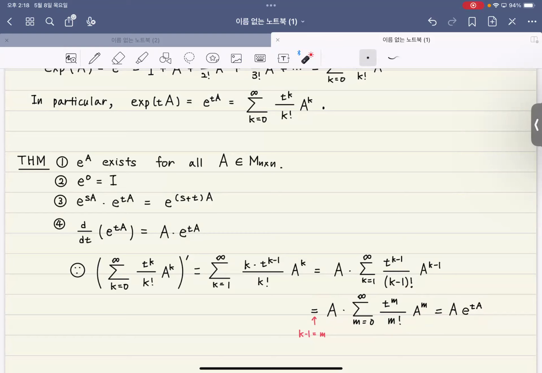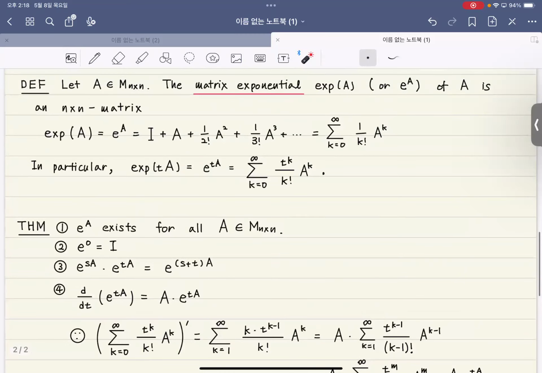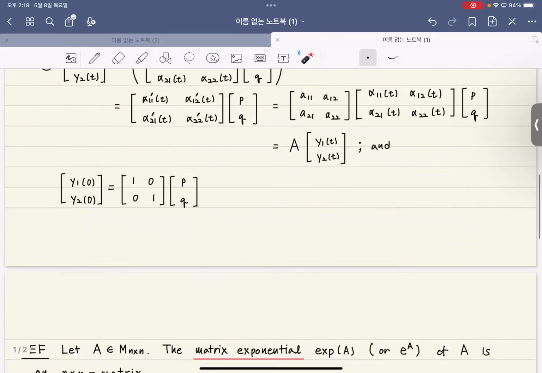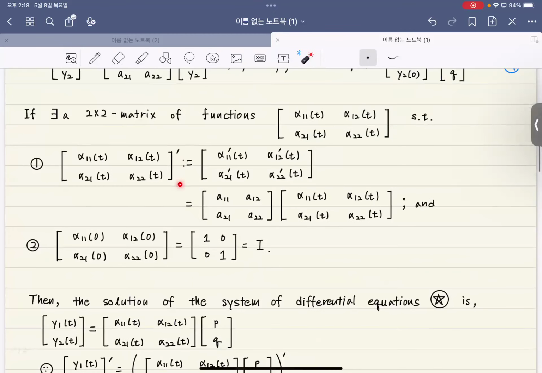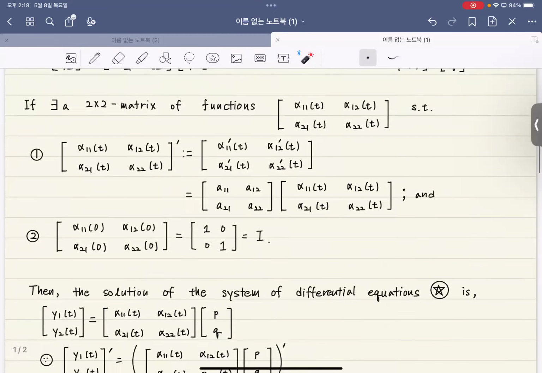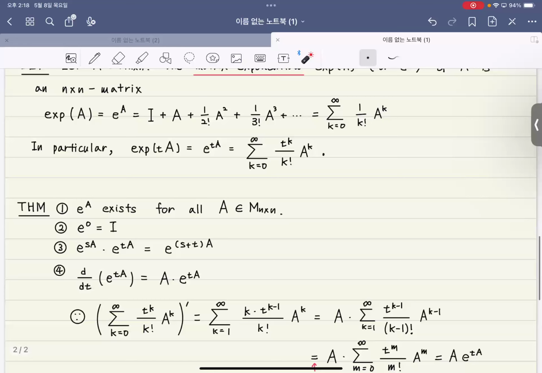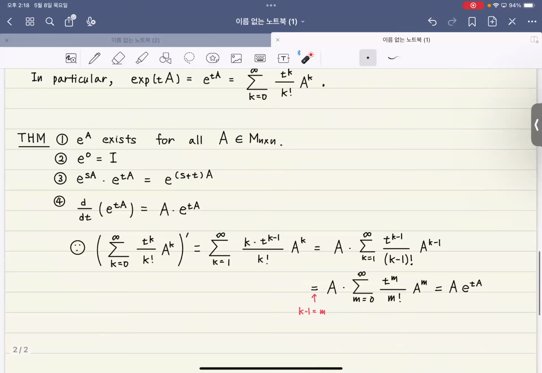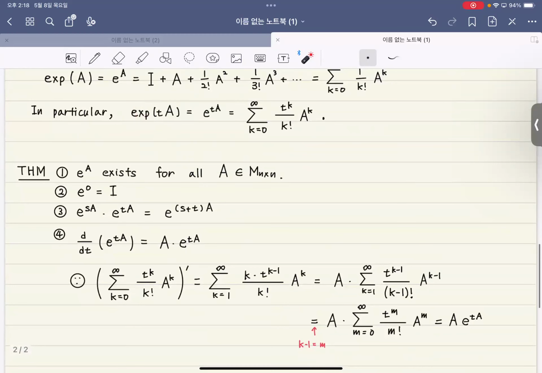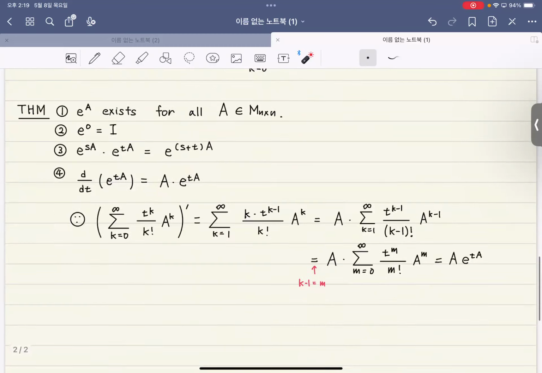So this matrix exponential e to the tA is precisely the matrix that we are looking for. This matrix derivative is the matrix A times itself, and if you plug in t equals 0, it is going to be the identity. Great.